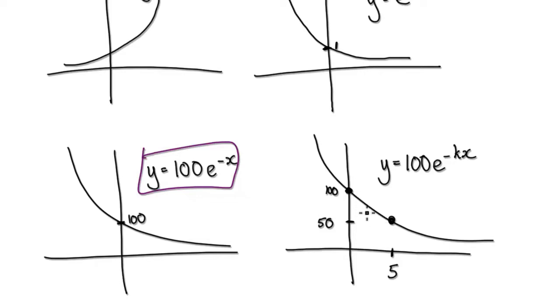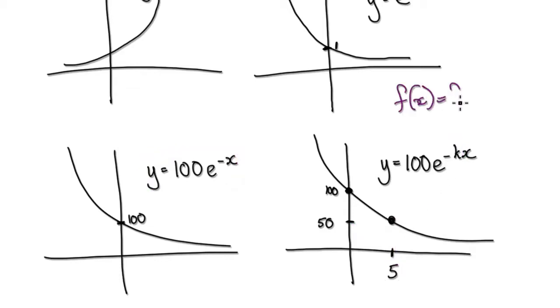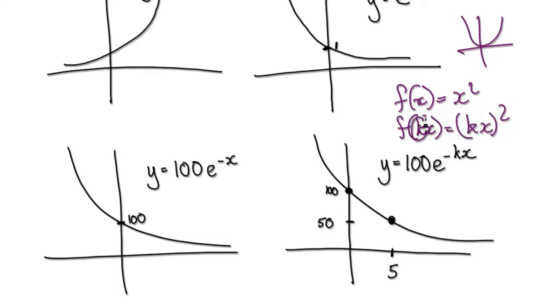Now, after 5 hours, we want it to be at 50. So we need to stick some sort of constant in, because remember, f of x equals x squared, and if you apply this transformation, f of kx, this k here will make it wider or steeper. So we have the ability to squash it or to stretch it.